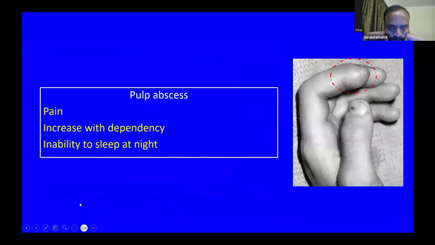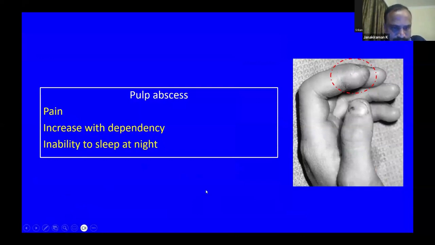First, the simplest of the lot, is a pulp abscess, which happens distal to the terminal digital crease. Swelling may or may not be apparent, but typically patients present with pain that increases with dependency, and there is an inability to sleep at night. The patients complain of a throbbing pain or a pin-pricking kind of pain.